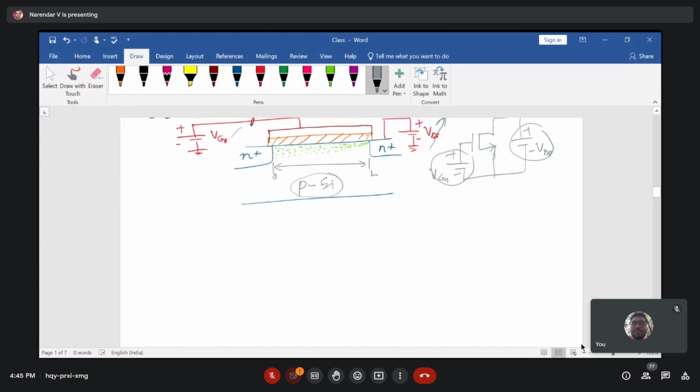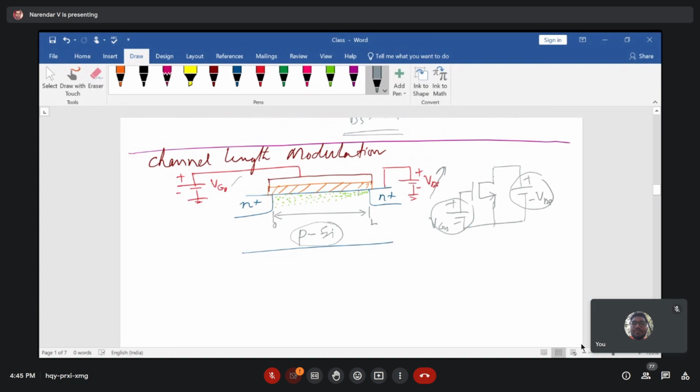As your VDS value increases, the channel gets pinched off, and the net channel length becomes this one. So instead of L, you can see that it is only from 0 to L prime, because the channel gets pinched off here, and essentially the carriers go up to here.